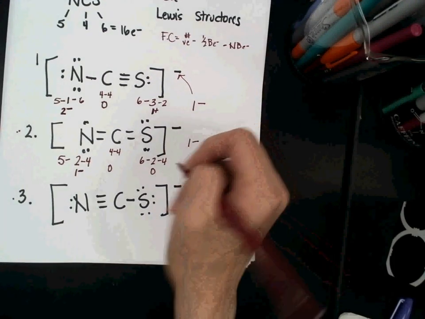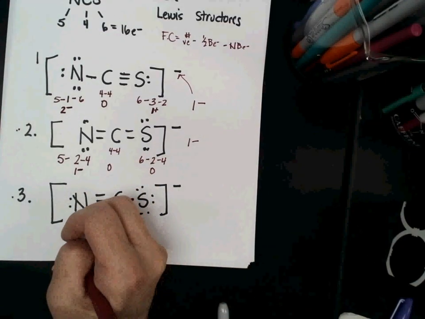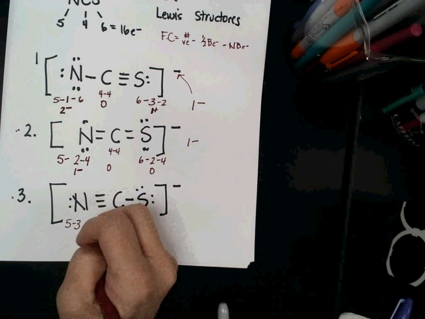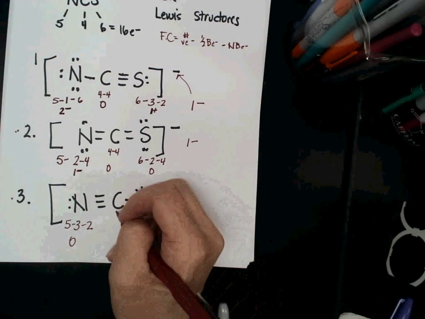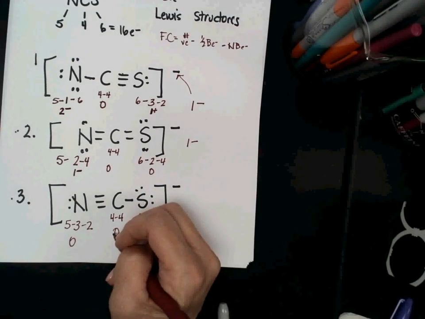Okay, so then let's look at this last one. Interesting. We again have 5 minus 3 minus 2, so I've got a what there? A 0. Carbon, this one doesn't change, 4 minus 4, so I've got a 0.